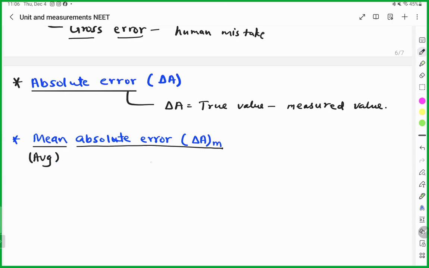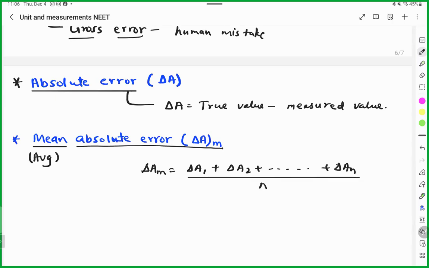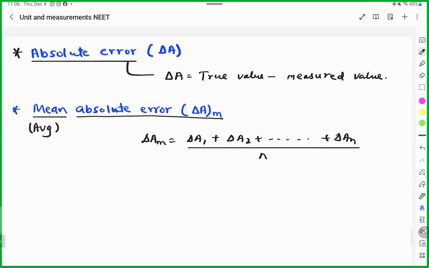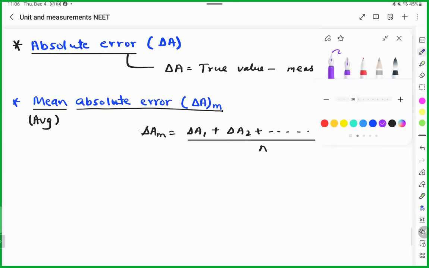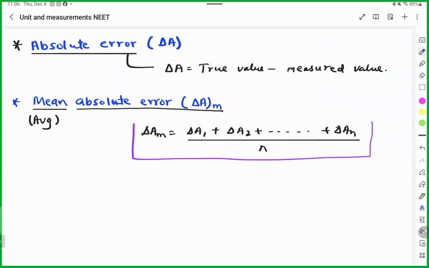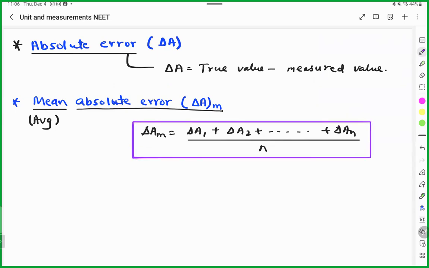Correct. For example, if you calculate delta A mean, it will be delta A1 plus delta A2 and so on, going up to delta An for n number of readings, and you divide by n, you take their average. Any doubt? Remember, the average of absolute values is the mean absolute error.